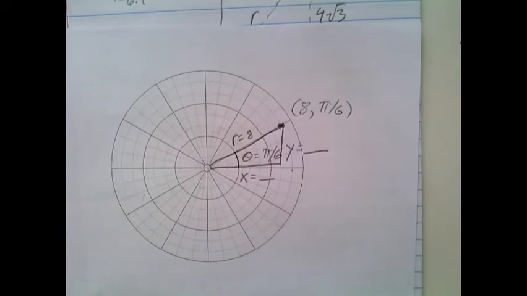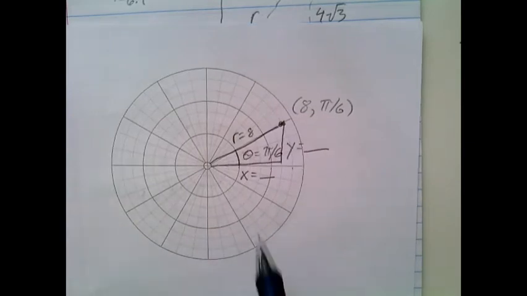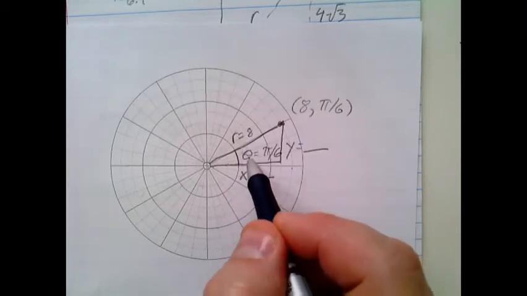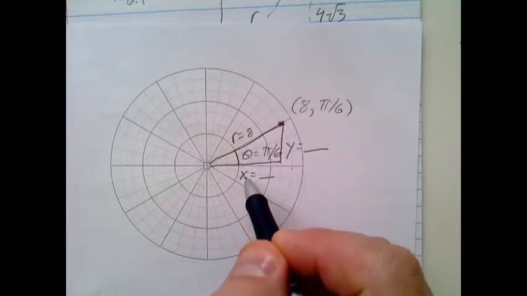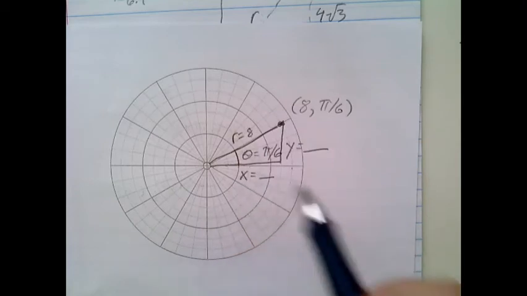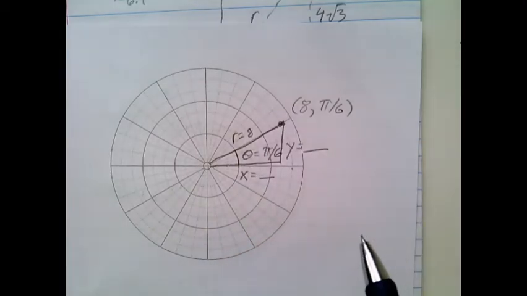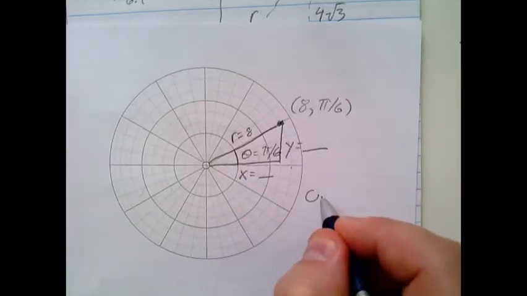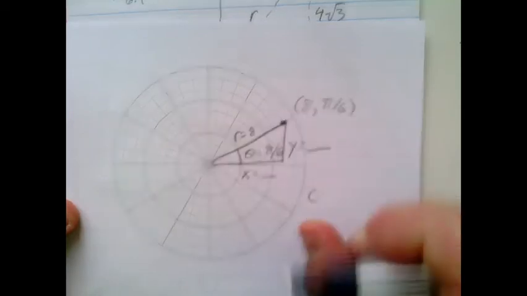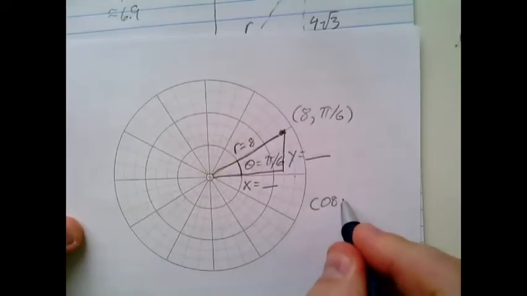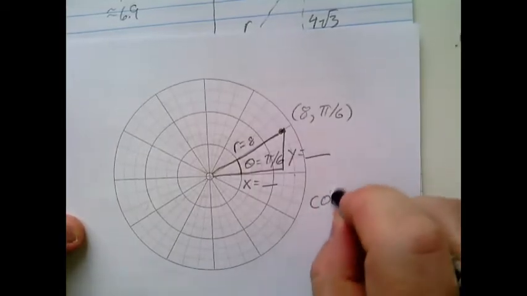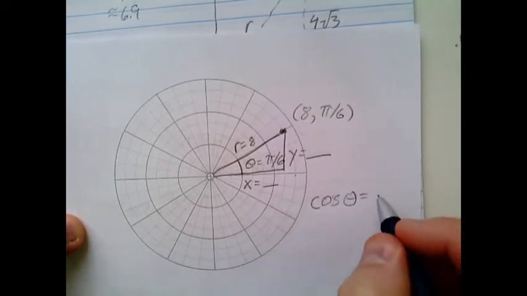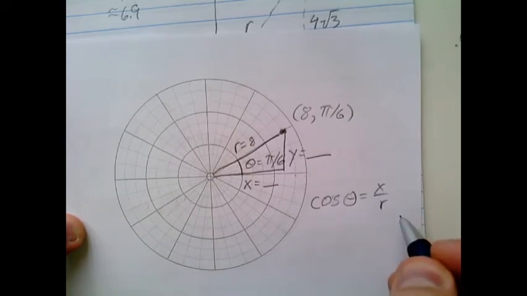Okay. Well, let me start with x. I want to use what I know. I know the hypotenuse, I know the angle, and I want to find the side that's adjacent to the angle. Well, the trig function that relates the adjacent side to the hypotenuse is cosine. So cosine of theta would have to equal x over r.